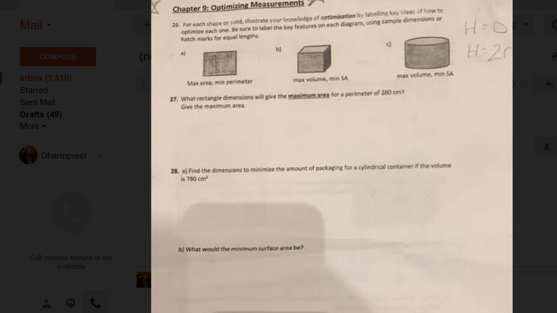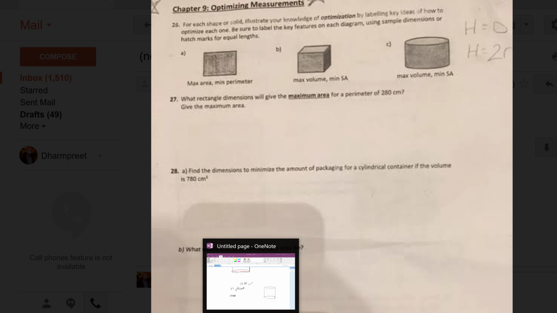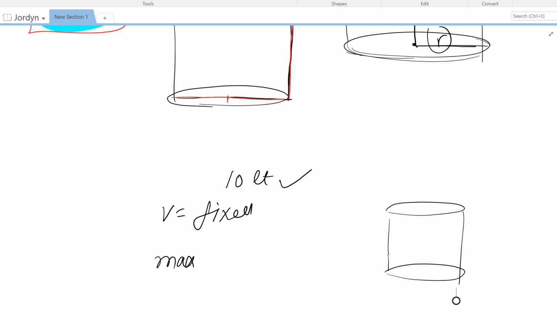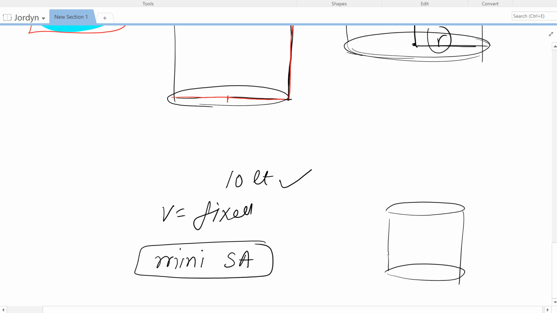Sorry, not maximizing. Minimum surface area. That was the maximum volume. Now we want to minimize the material that we are using. Minimum surface area means you have to use minimum paper.